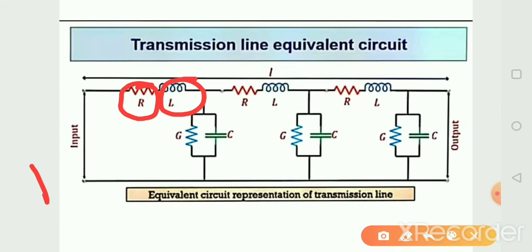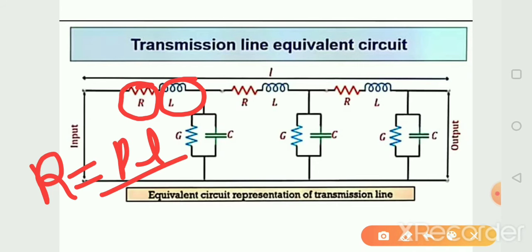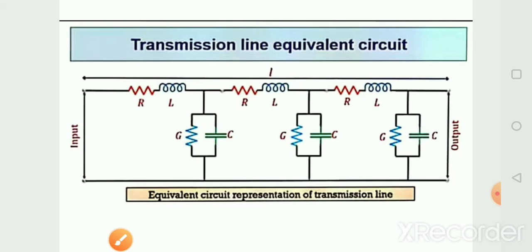This resistance is given by R is equal to rho L upon A. Here R is the resistance, rho is the resistivity of the material, L is the length of the conductor, and A is the area of cross section of the conductor. So here we have a resistance.